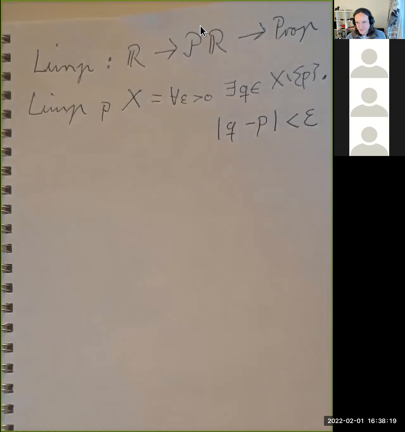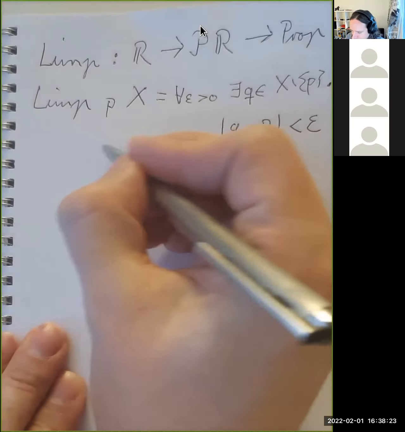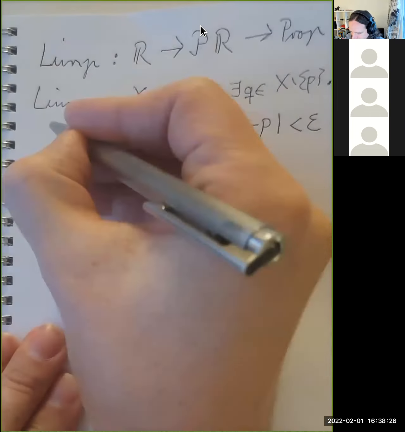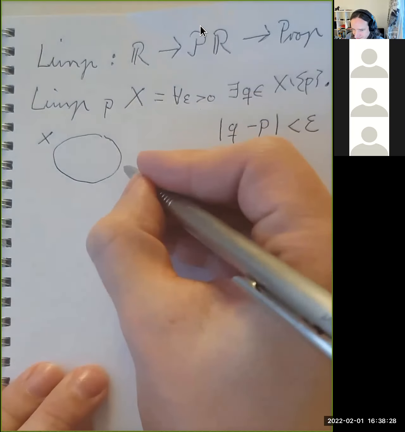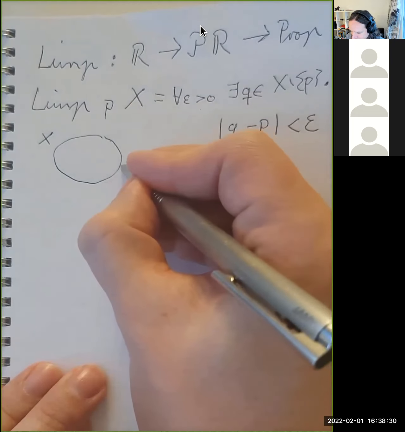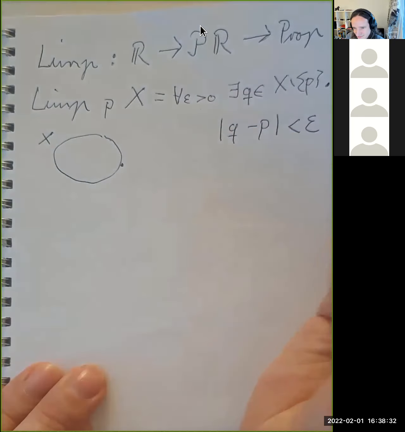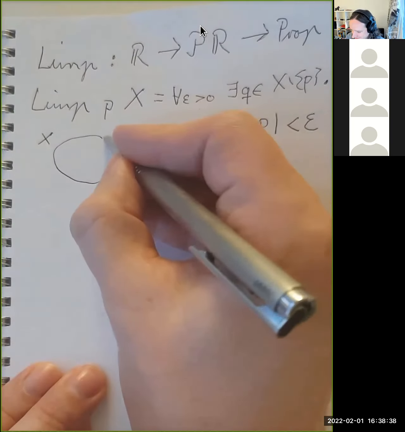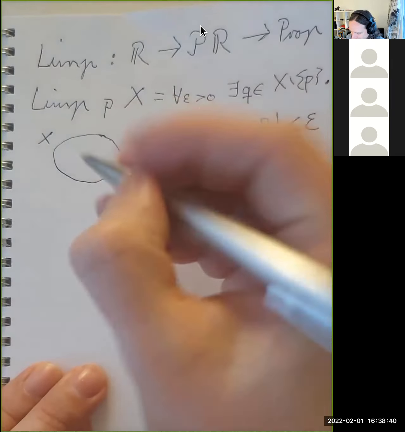I guess if you haven't seen this before, maybe a picture helps. So you have a set X, a subset of the reals, which looks more like a line segment in nature, but you can do the same in the plane.